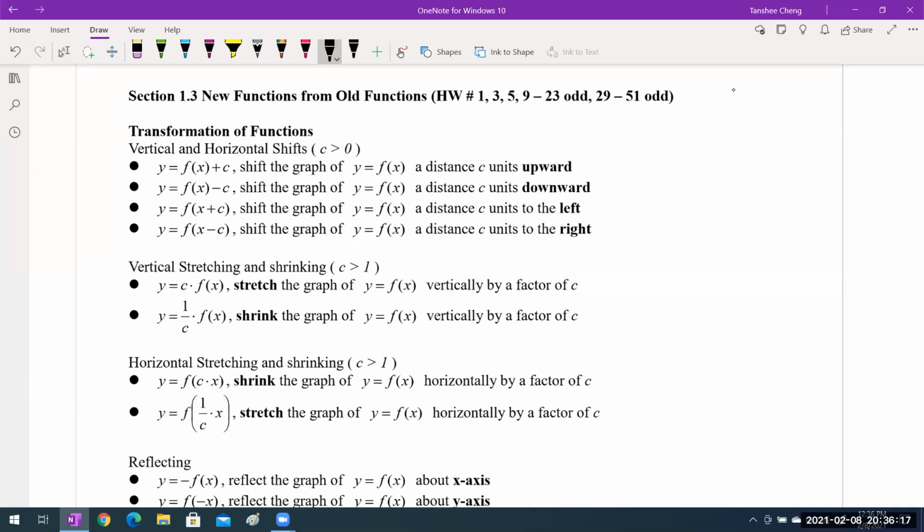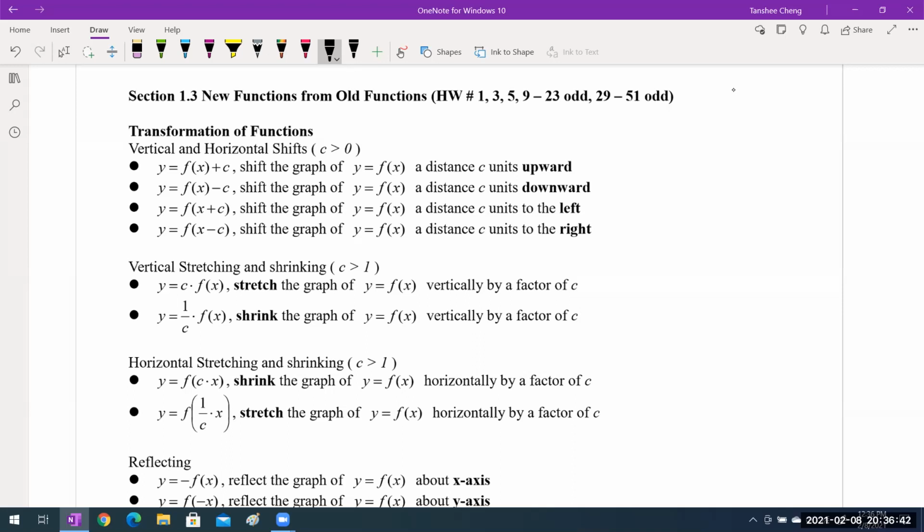Now, vertical stretching or shrinking is basically multiplying the function value by a non-zero number. Right? If you are multiplying by greater than 0, then it's going to be either shrink or stretch.